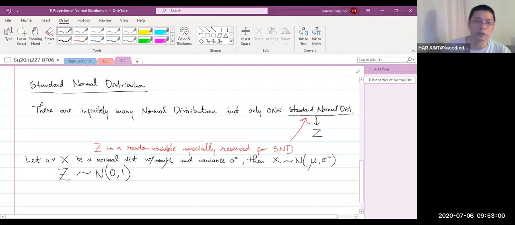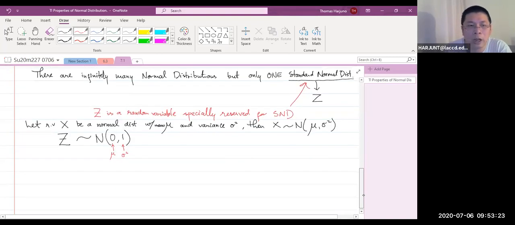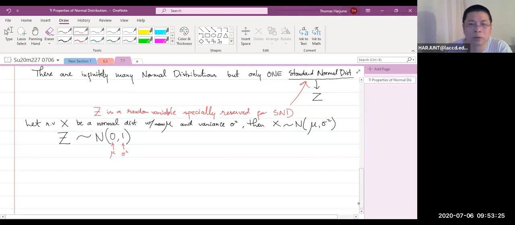That's the notation. Now, standard normal distribution has mean 0 and the variance is 1. In the next 10 minutes, I will teach you how to use the calculator to compute probability of standard normal distribution only.